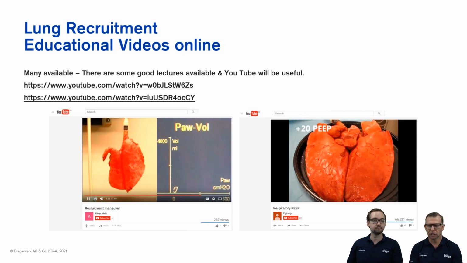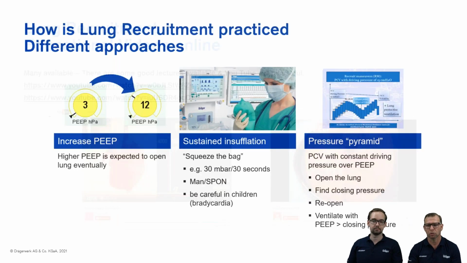There are educational videos out there. Not all are great, but there are some on YouTube, if that's your preferred channel for education. There's a lot available even within Australia, done by Australian clinicians, and even some by Australian anaesthetists, looking at lung recruitment, its value and quality, and how to perform it.